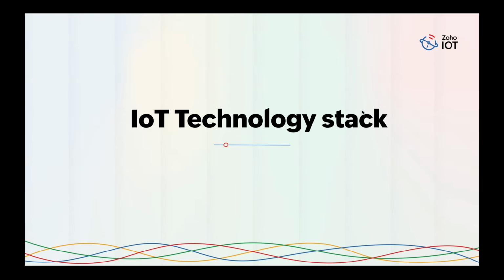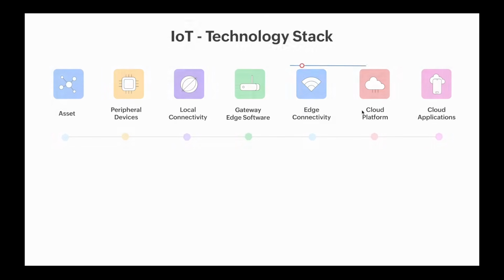And with that, let us get into the IoT technology stack. Understanding this technology stack is very important for anyone who wants to work in this IoT domain, and develop or deploy solutions. These terminologies and concepts are very important. This includes multiple layers of hardware, software, and communication technologies, so that all these objects become connected over the internet.